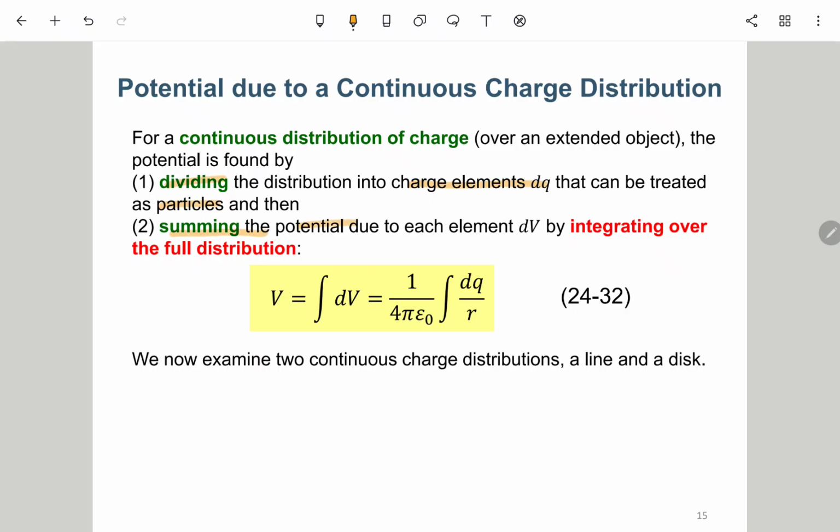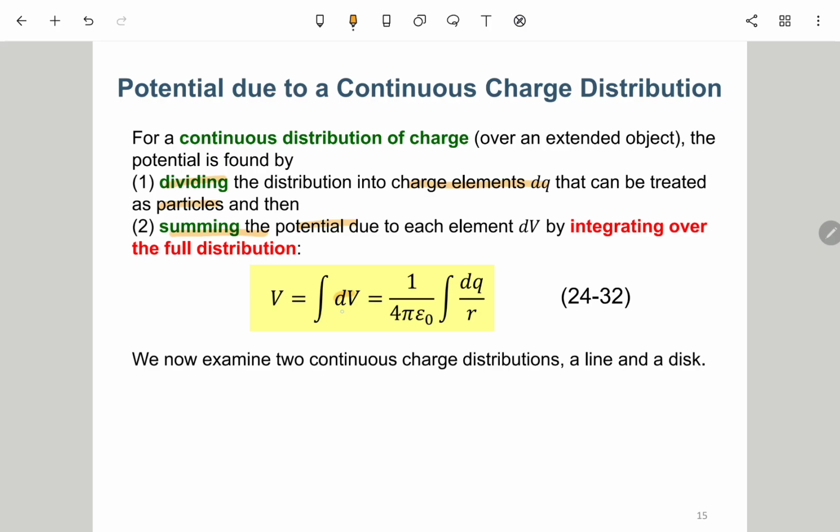But previously when adding the dE together, dE is a vector, so we needed to decompose it into x-axis, y-axis, or even z-axis components, cancel part of the components and then add the remaining ones. But here, dV is a scalar, so we add all the scalars together, which is easier. We don't need to decompose it.